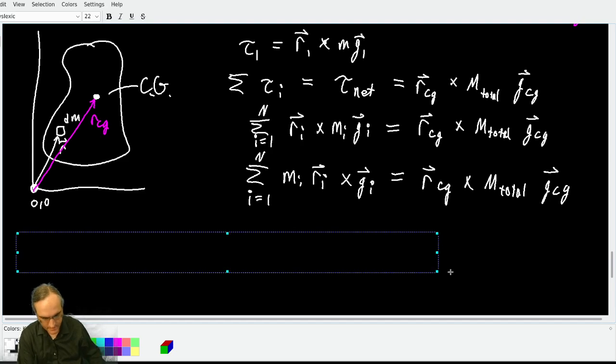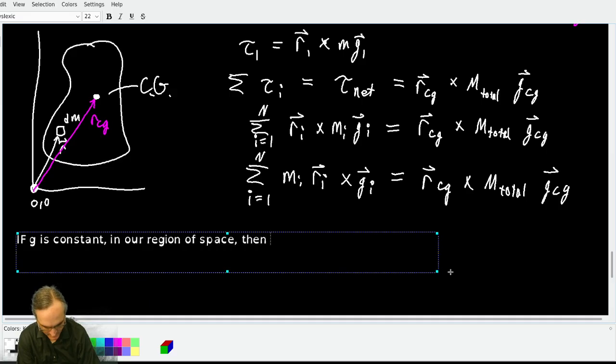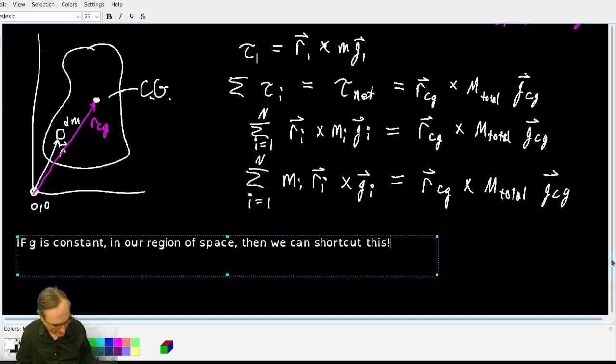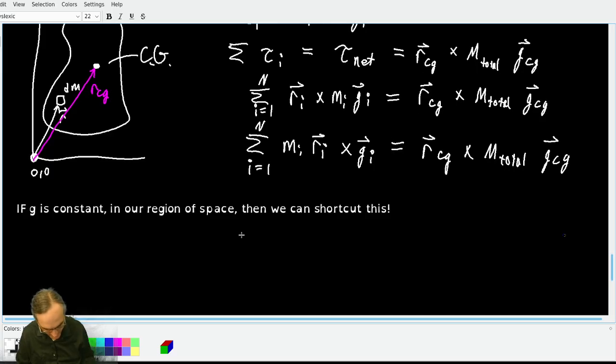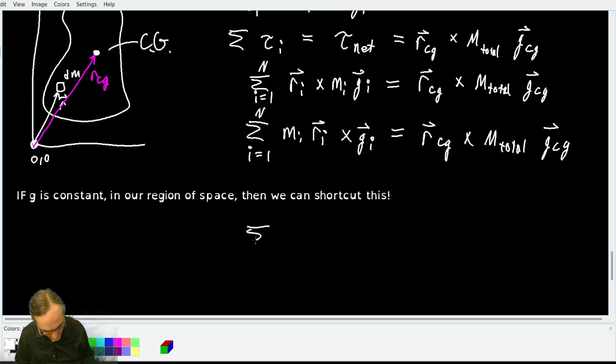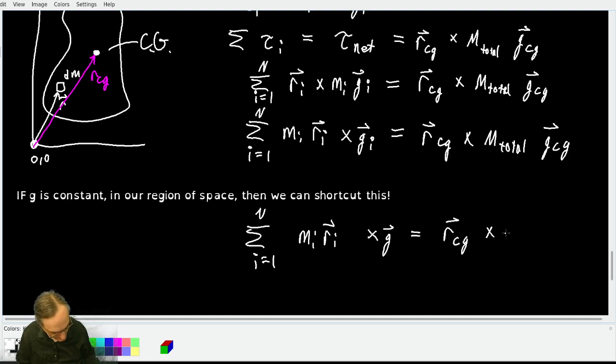But if g is constant in our region of space, then we can shortcut this quite a bit. And we'd have sum from i equals 1 to n of mi ri cross just our regular old g, and our g_CG would just become the same old g we're used to.